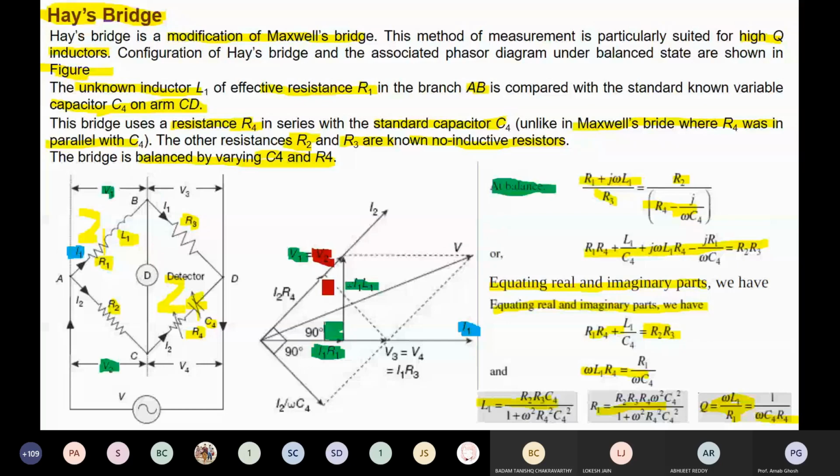So the I2 axis will be along the extension of the axis of V2. Now here you can see V3. V3 equals I1 into R3. It's your V3.